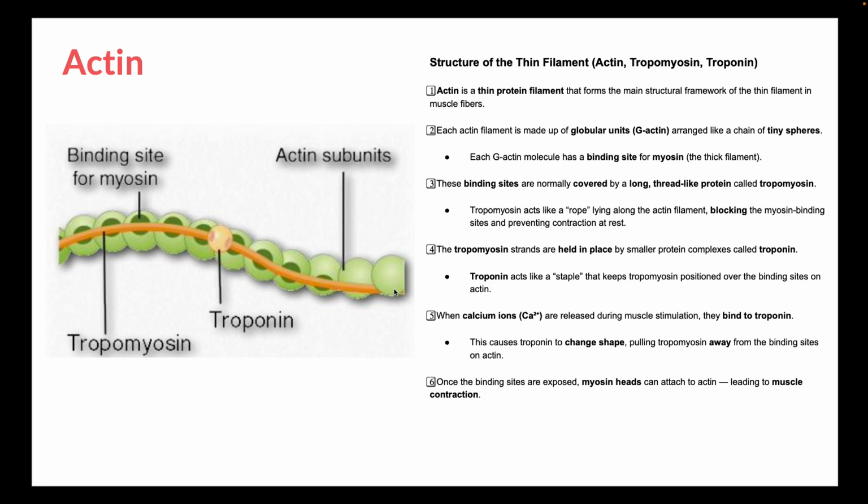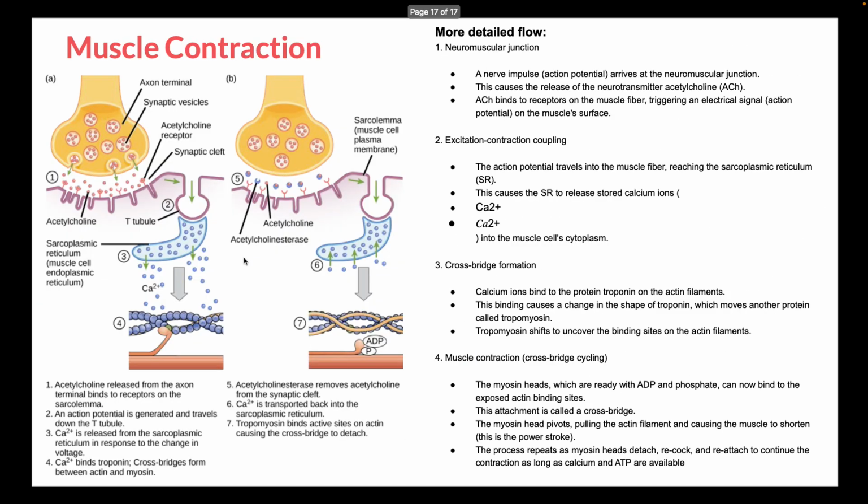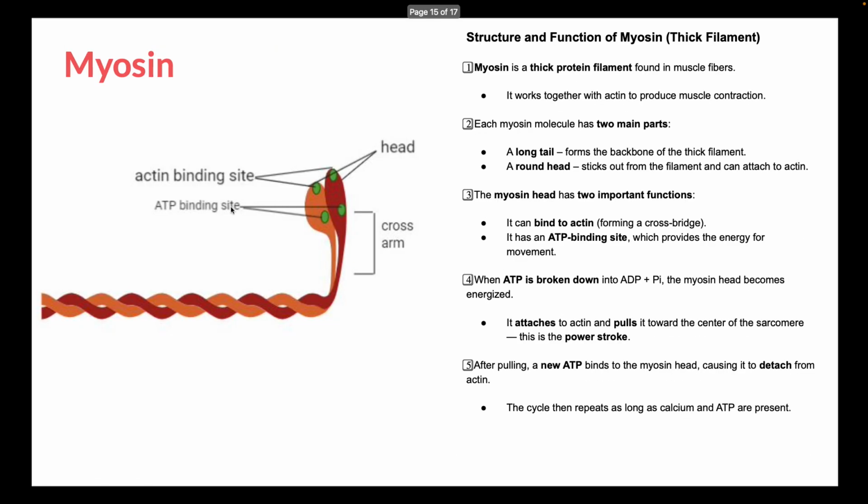The moment it pulls away, the binding site on the actin will now be active, or exposed, looking for something to bind to. And then once it becomes exposed, energy or ATP will bind to the myosin head here, and then myosin will be energized.